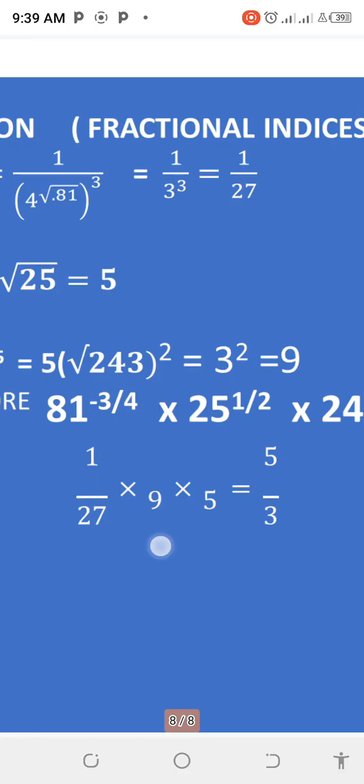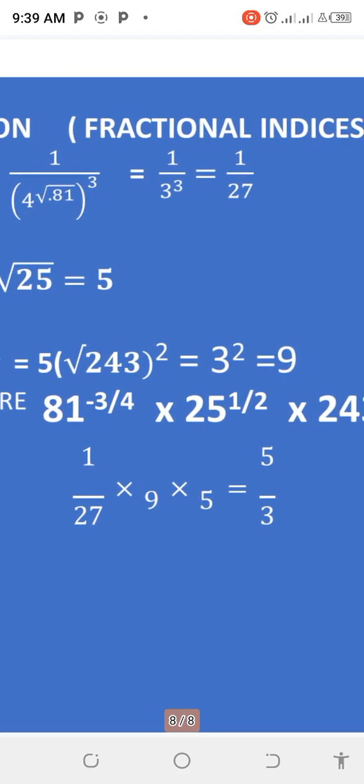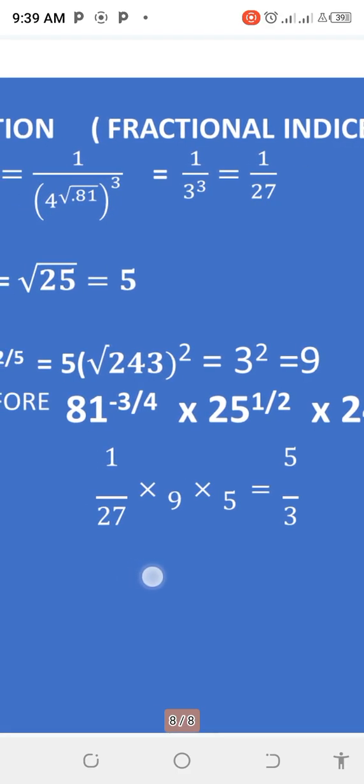And what will you do here? We are multiplying out. Yes, 9.